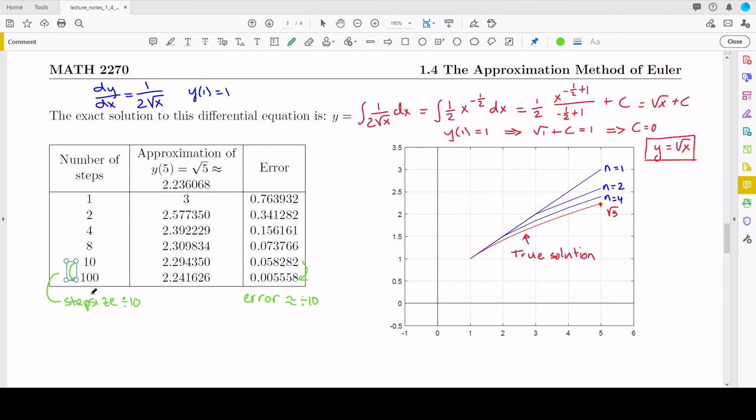Or if you make your step size 100 times as small, your error becomes 100 times as small. This is not part of the class, but this method is called order h. And if you want to know more about that, I would recommend you take a class like numerical analysis.